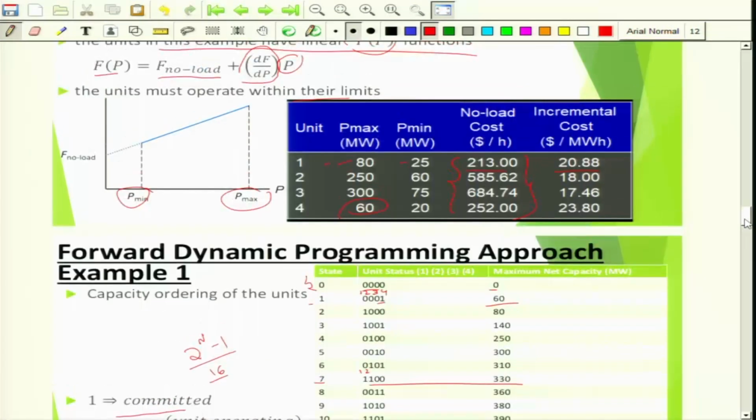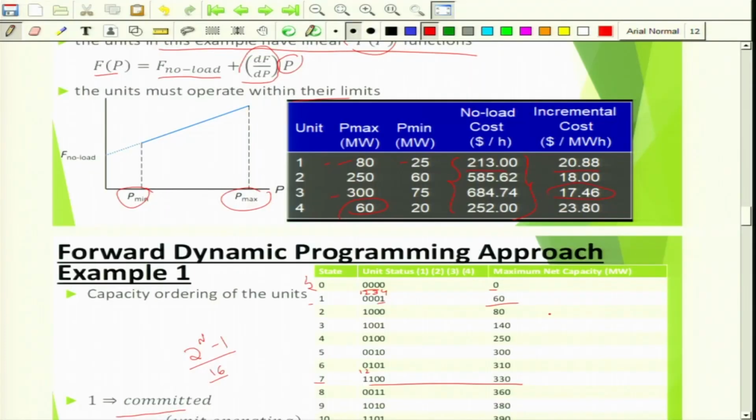So here the cheapest one is unit 3, and its maximum capacity is 300 megawatt. That means first you load this generator completely, up to its maximum capacity. So what is the remaining left out for the first hour? 150, right?